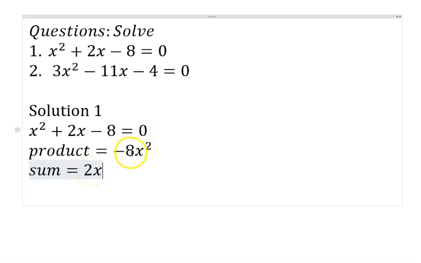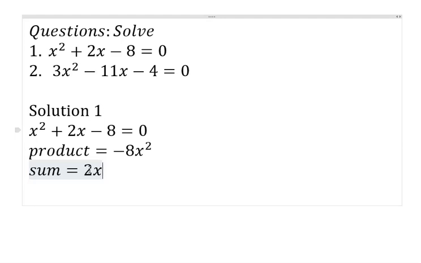Then 2 times 4 will give you 8. 2 minus 4 or 4 minus 2, there is a way you manipulate it, it will give you 2. So you should have it at the back of your mind that 2 and 4 will work.